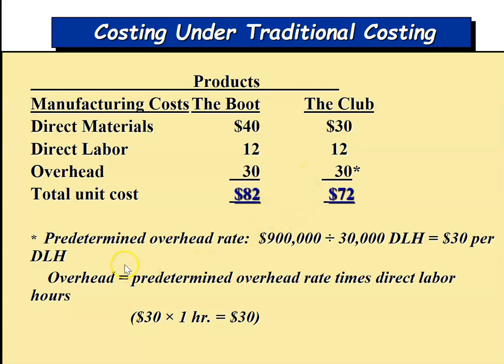And just to refresh our memory, the predetermined overhead rate is $900,000 divided by the 30,000 direct labor hours. 25,000 of these direct labor hours are for the boot, and 5,000 of them are for the club. So we add these figures together, and we come up with a unit cost of $82 for the boot and $62 for the club.